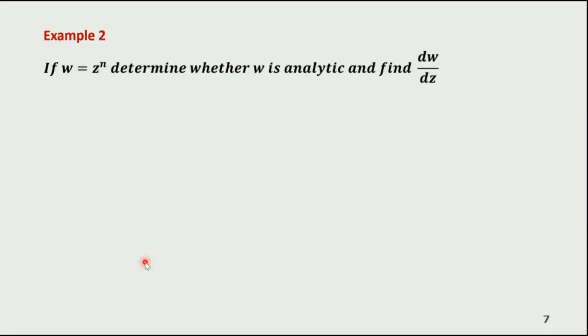Now here W is Z raised to N. So if I replace Z by X plus IY, is it feasible to apply the Cartesian form here? W is equal to X plus IY whole raised to N. It's going to be very difficult to get the real and imaginary part. We have to make use of the expansion of X plus IY whole raised to N, get the real part, imaginary part. That is going to be a tedious work.